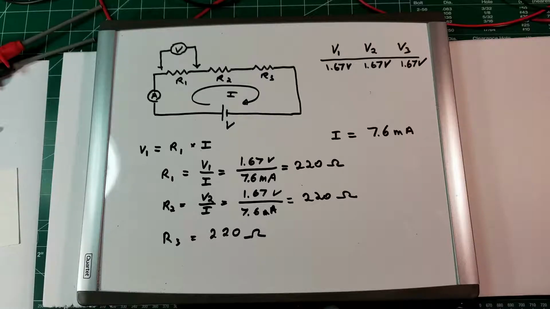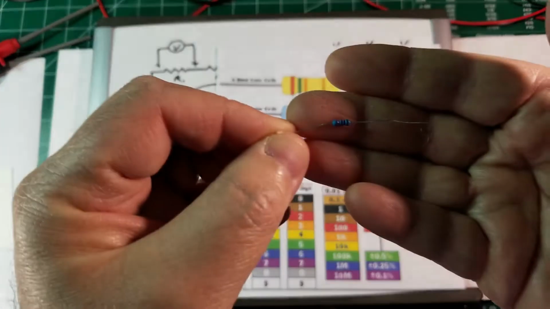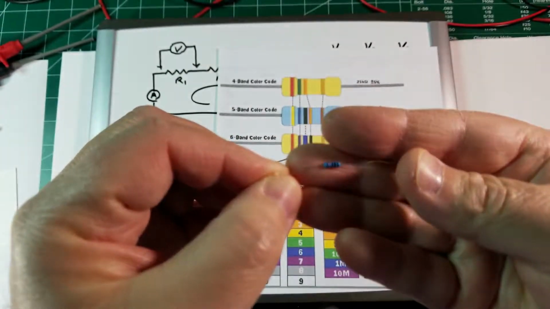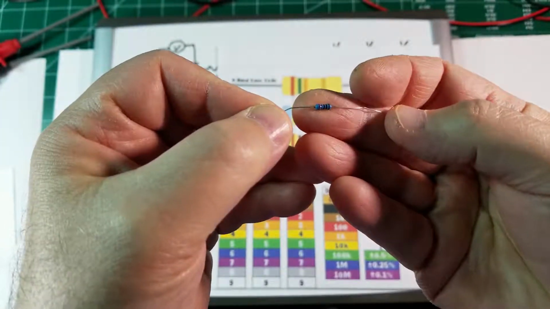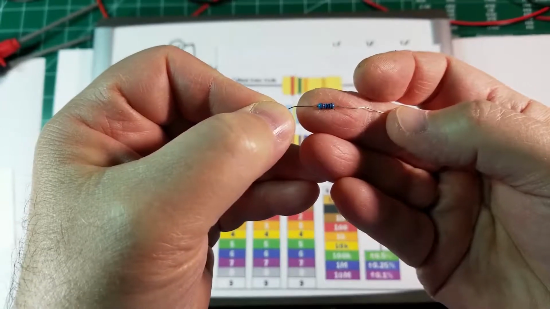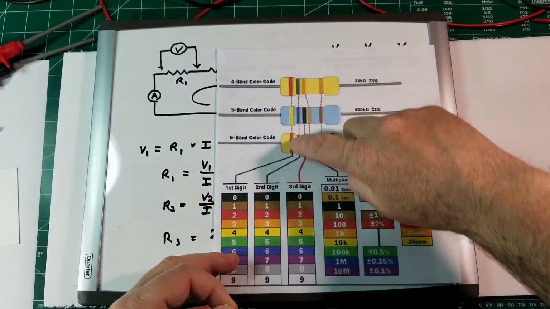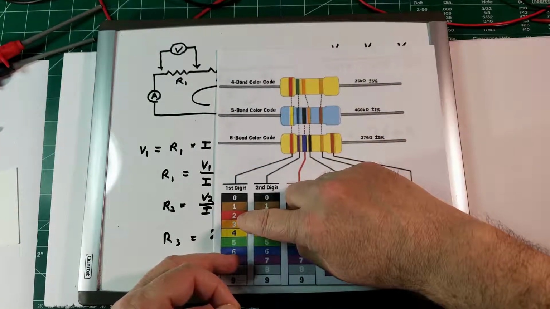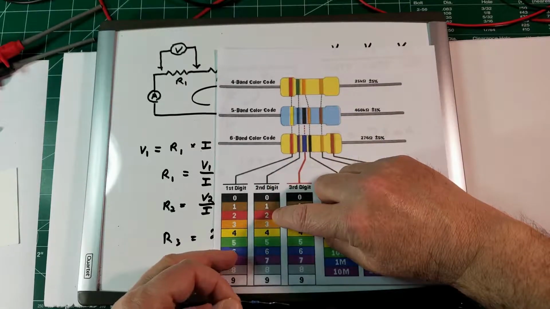Remember, we want to use this table. So, here is our resistor. And we have a red, and then another red, a black, and a black. So the first red means 2. The second red, the second column, means again 2.